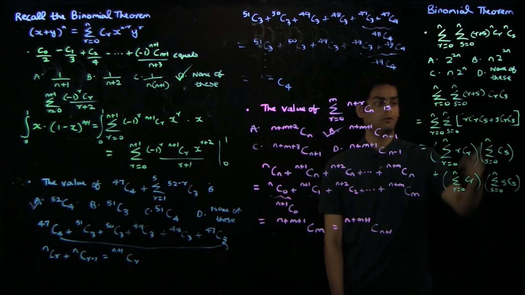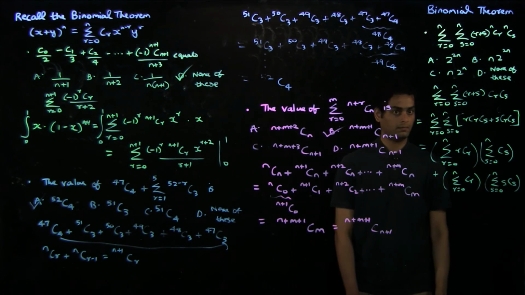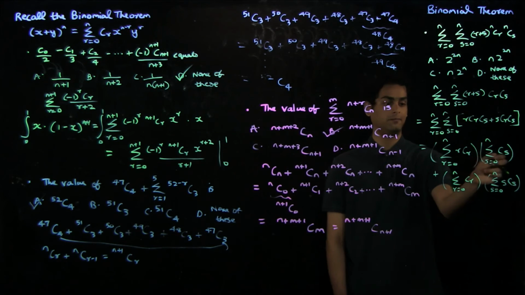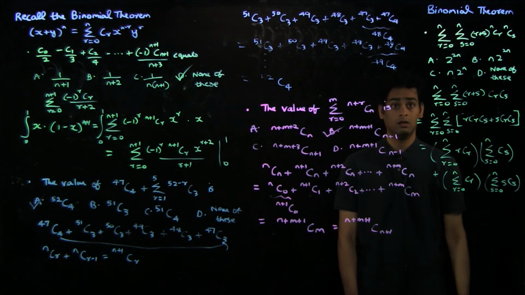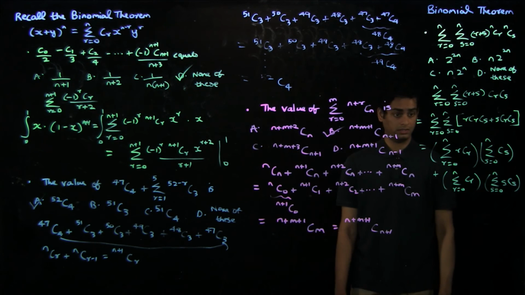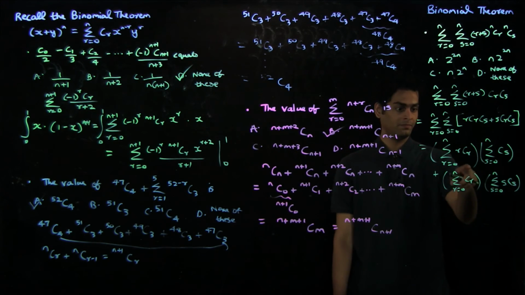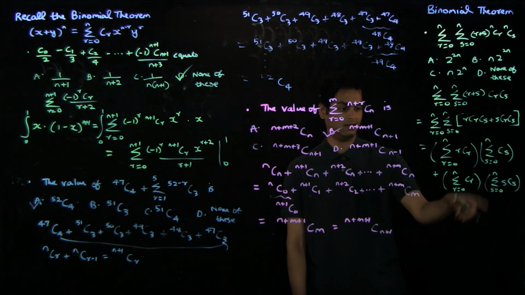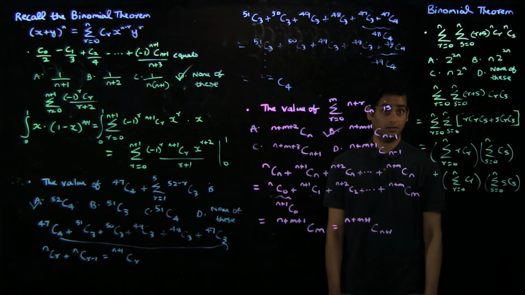So I've just distributed the sum across the summation, and you get these two results. And notice that I've separated the summations over r and s since they're independent variables in this example. So notice that these two terms look very similar. There's just a change of variables, so r is renamed to s and s is renamed to r in the second term as opposed to the first term.